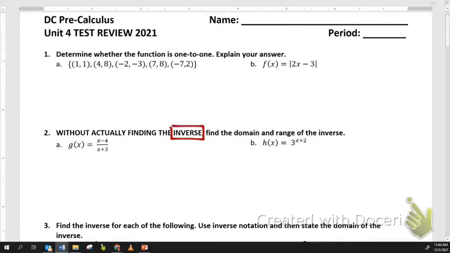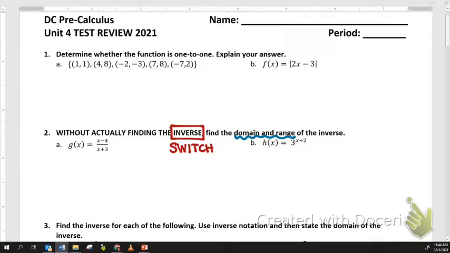Whenever we're talking about inverses, what does that mean? Switch X and Y. But they're asking me about domain and range. Yes. If your X's and Y's are switching, that's going to swap your domain and your range.